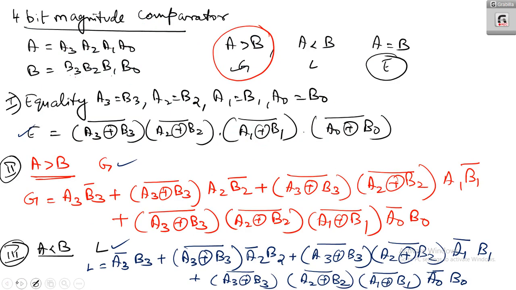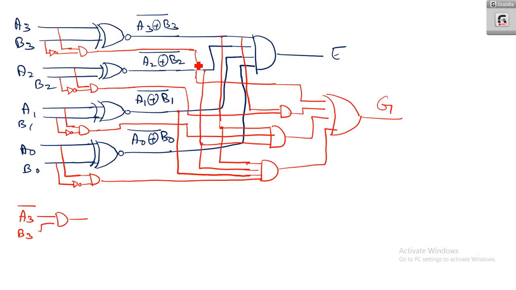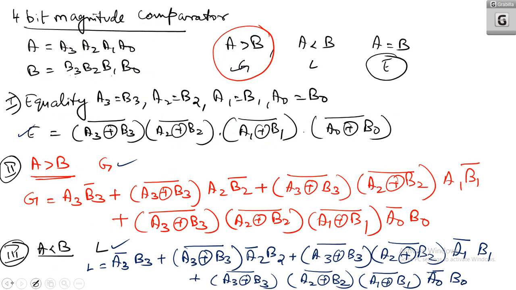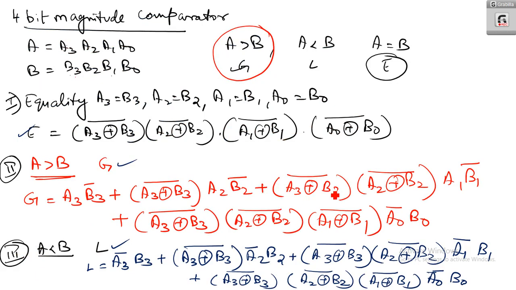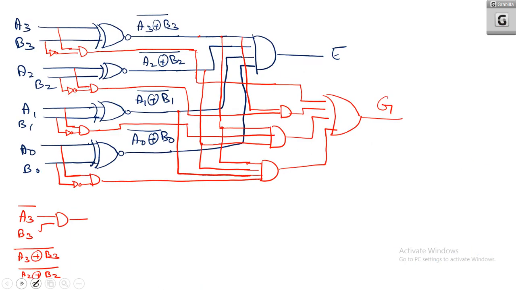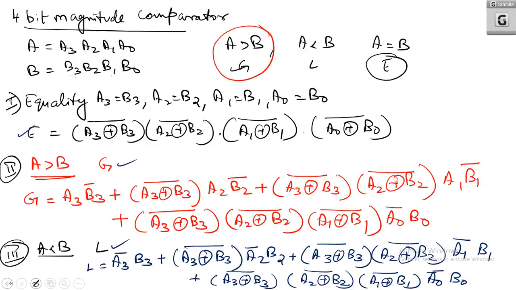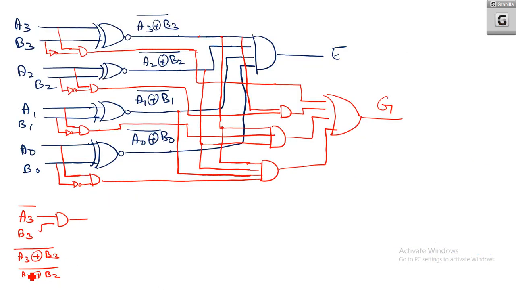Now A3 XNOR B3. Since that terminal I am taking it here. A3 XNOR B3 and A2 XNOR B2. That terminal I am taking here.